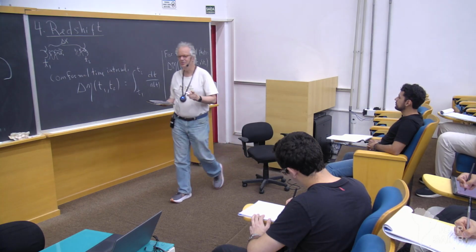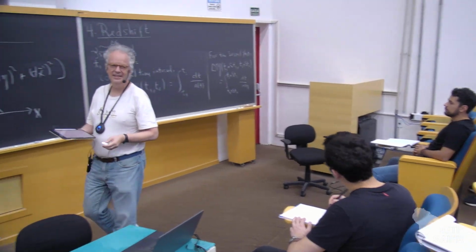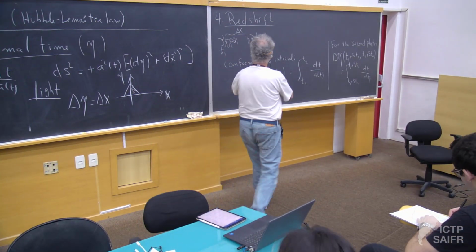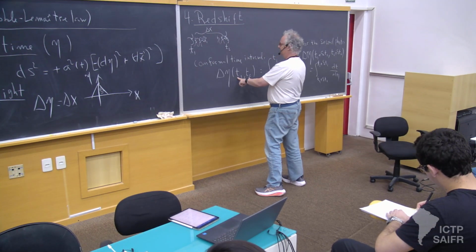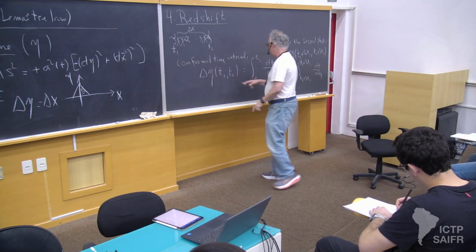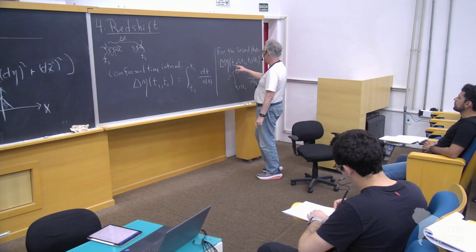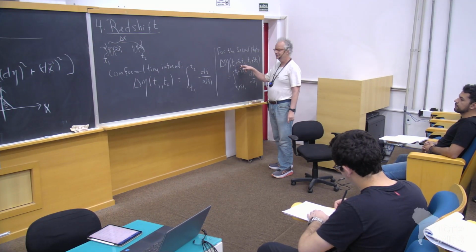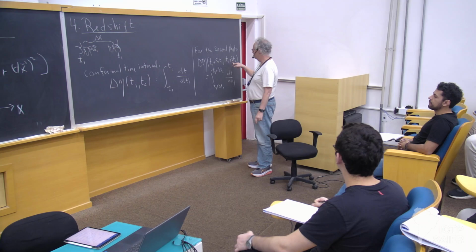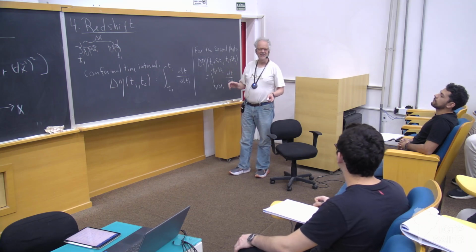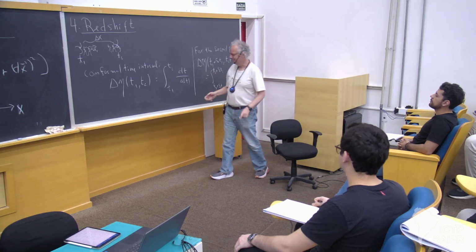So I have two different conformal time intervals. One is for the first photon that is emitted at t1 and observed at t2, and the second photon, which is emitted a little bit after t1, at delta t1, and is absorbed at t2 plus delta t2. Is this clear?